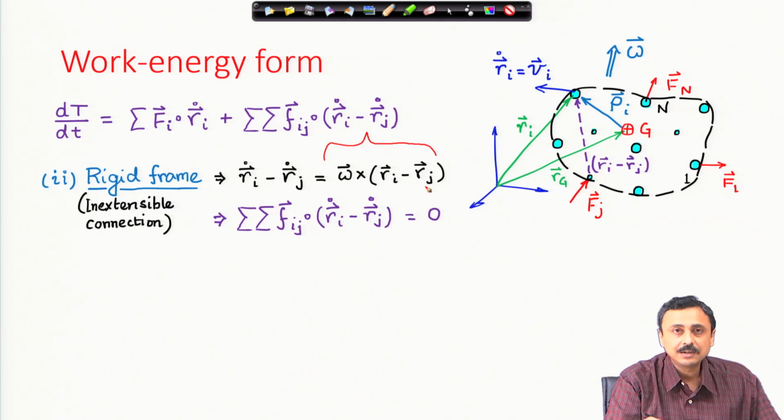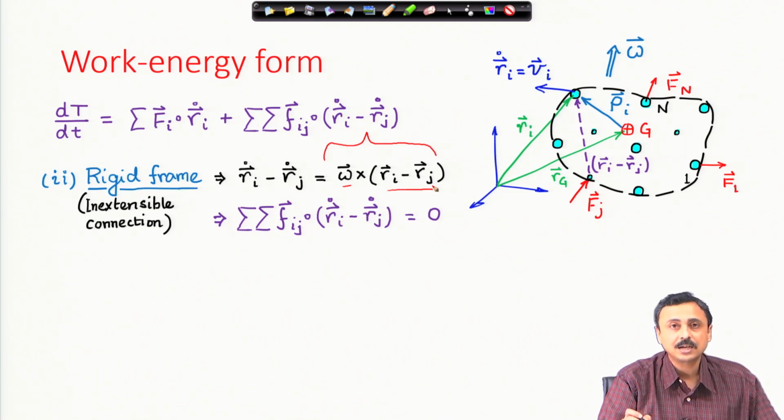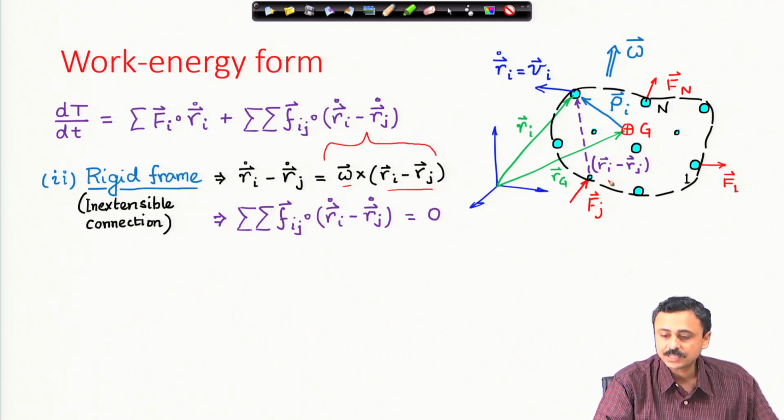Therefore, this relative velocity must be perpendicular to both omega and the relative vector r_i minus r_j. What is important here is that it is perpendicular to r_i minus r_j, the relative vector shown here, going from the jth particle to the ith particle.